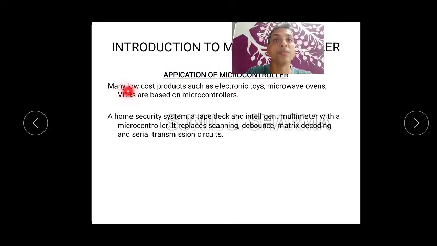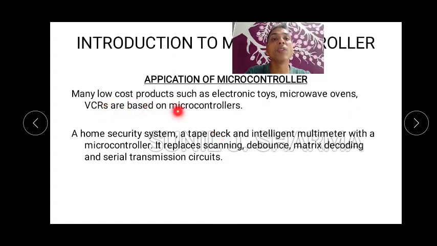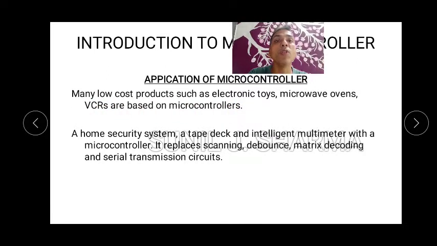Not only in these, we also have many low cost products such as electronic toys, microwave ovens, and VCRs, which are now outdated. Wherever you require a timing part, like washing machines and ovens, there we require them. Then home security systems, tape decks, and intelligent multimeters use a microcontroller.